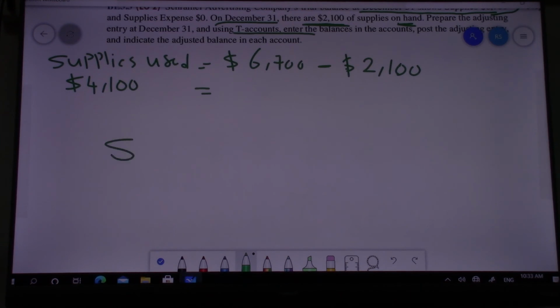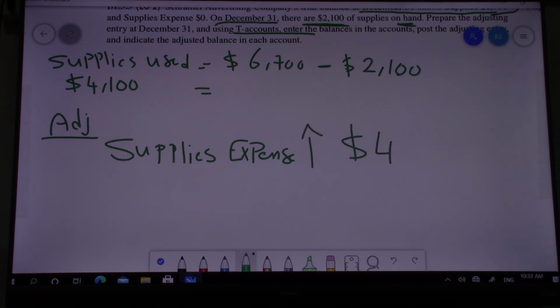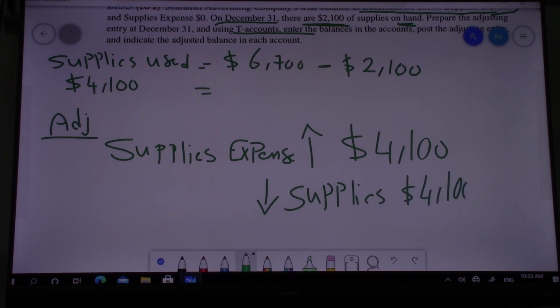In this case, on December 31st, supplies expense will increase by how much? 4,100. At the same time, you should decrease assets. You should decrease supplies by the same value.